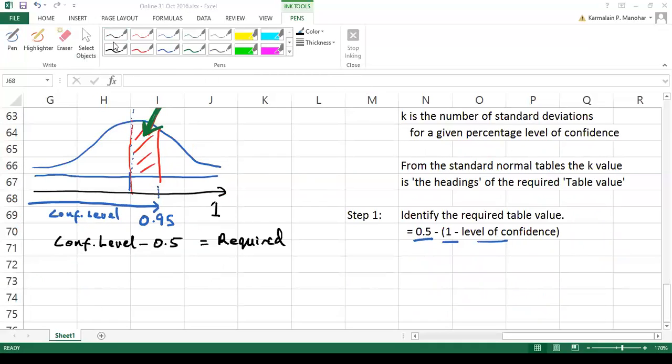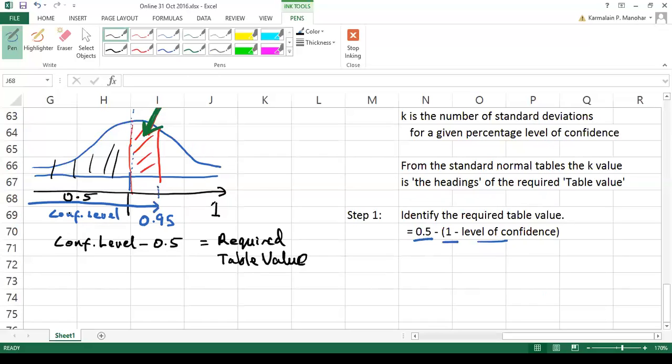Right, required table value. So let's look at my blue arrow. What did I do? I took my confidence level here and I'm chopping off half of the graph, which represents 0.5. Well, half of my arrow, effectively half of the graph here.